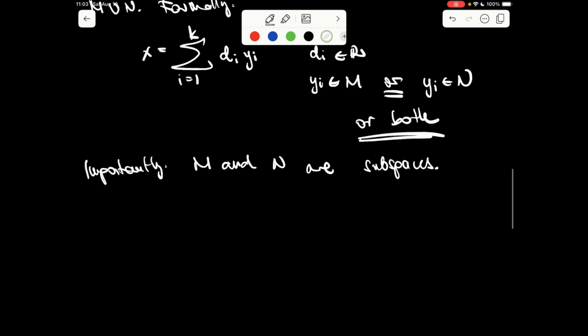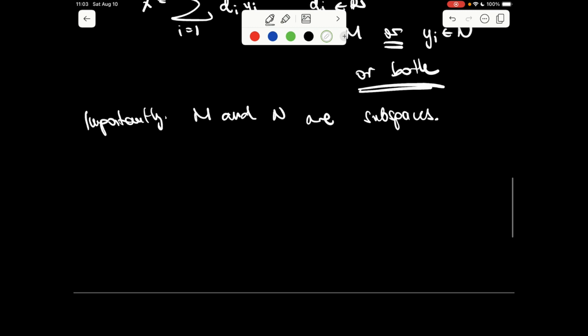So once again, the linear combination of vectors from M is in M, and the linear combination of vectors from N is in N. There is a problem, however, in the case of vectors which are in both M and N. But we can solve this in a very easy way. If we have such vectors that are in both M and N, let's sort them into M.